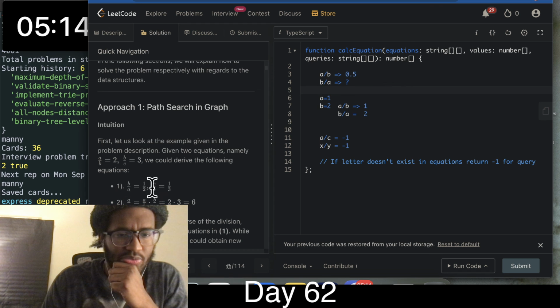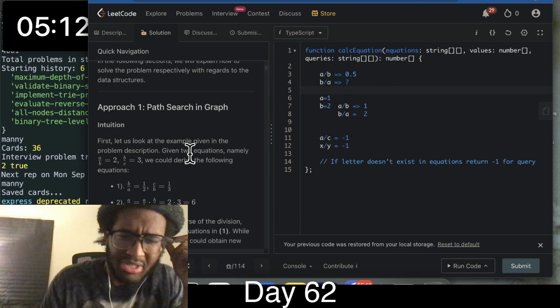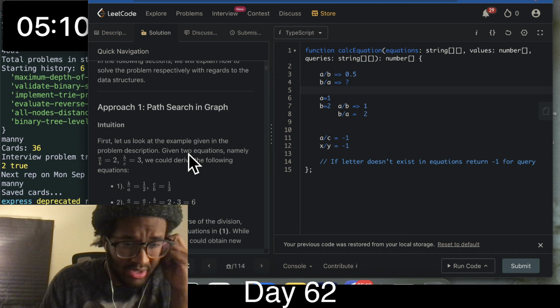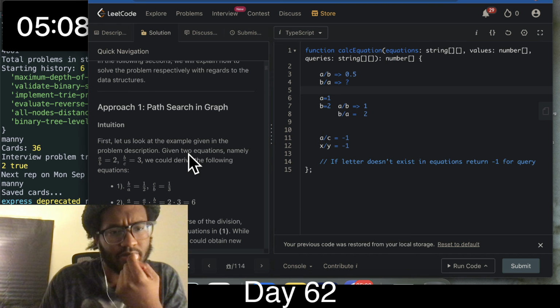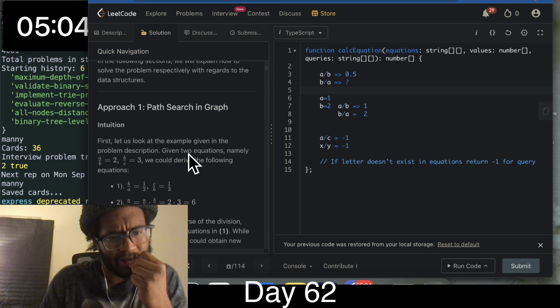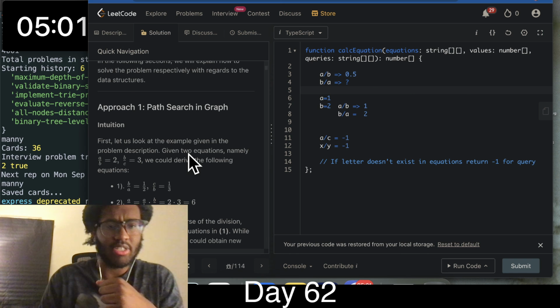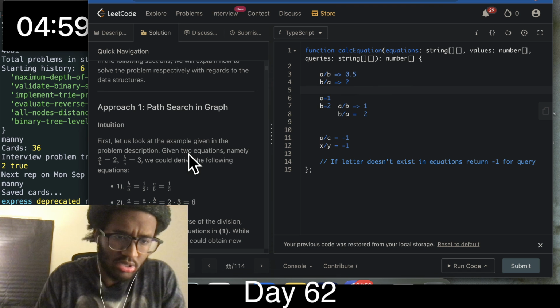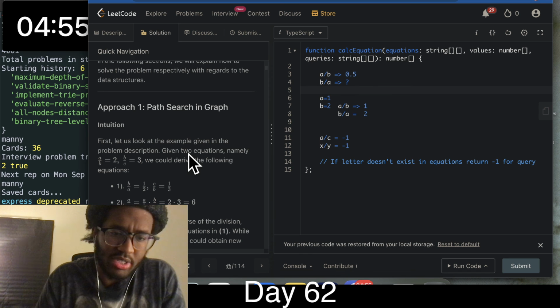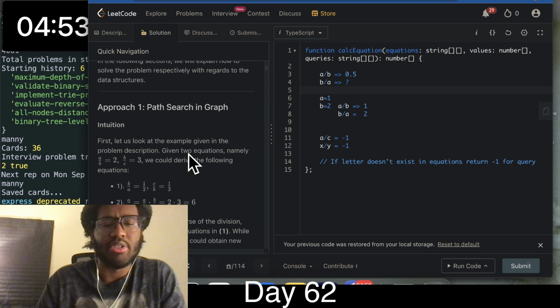B over a is equal to 1 over 2, and c over b is equal to 1 over 3. A over c is equal to a over b times b over c, which is equal to 2 times 3.